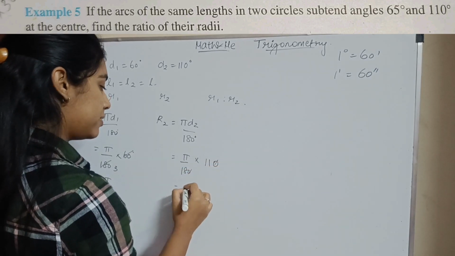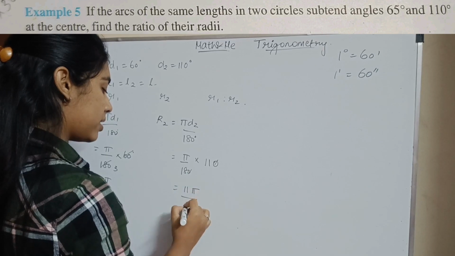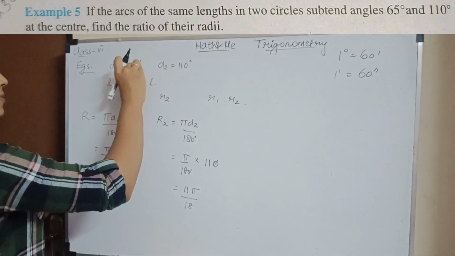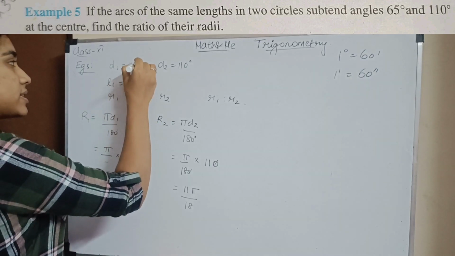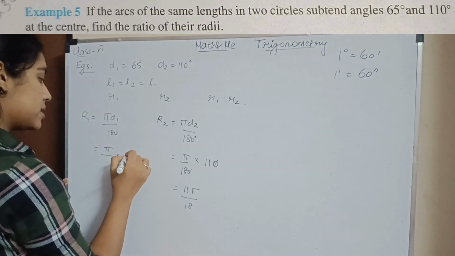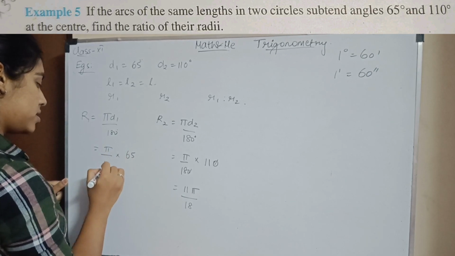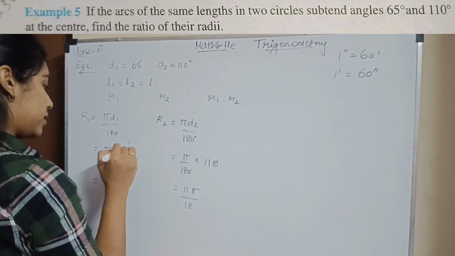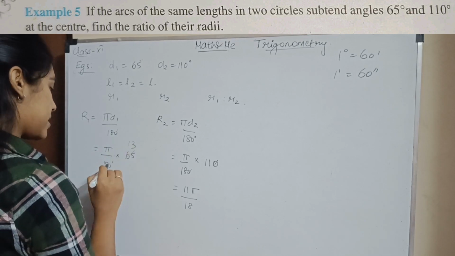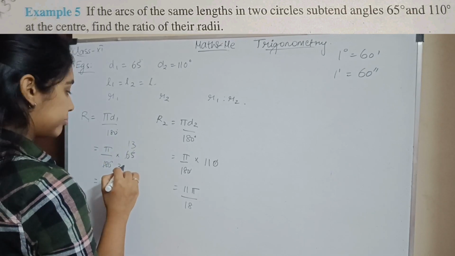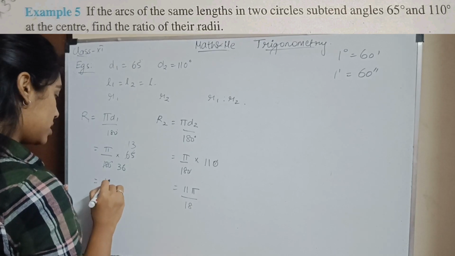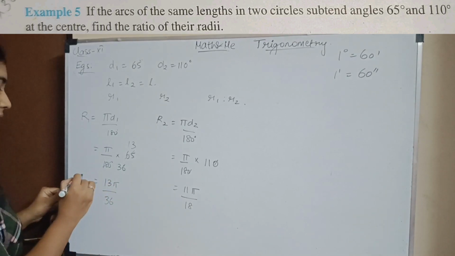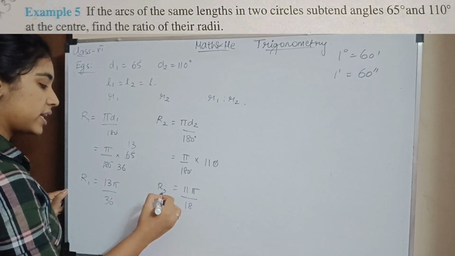Sorry, this is 65 degrees. So 65 divided by 180, 5 1s are 5, 5 3s are, so it will be 13 pi divided by 36. This is my radian measure 1, and the other is 11 pi divided by 18, my radian measure 2.